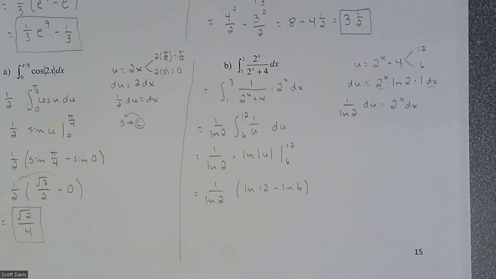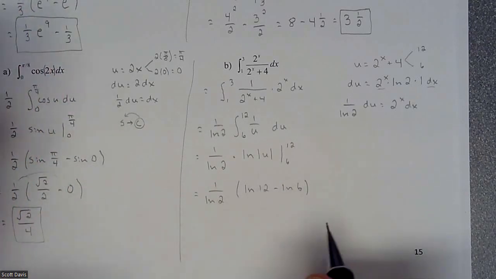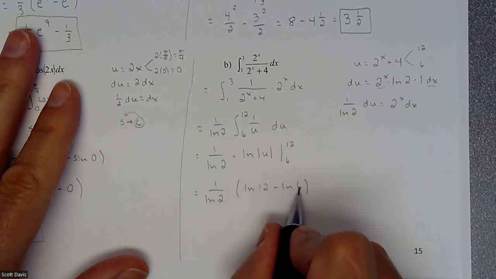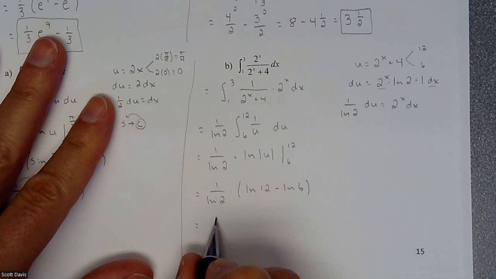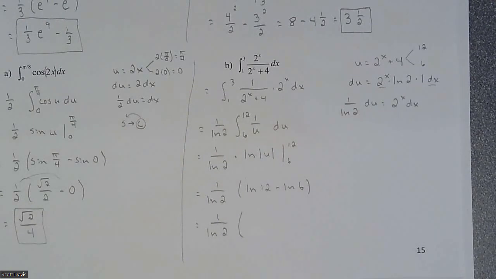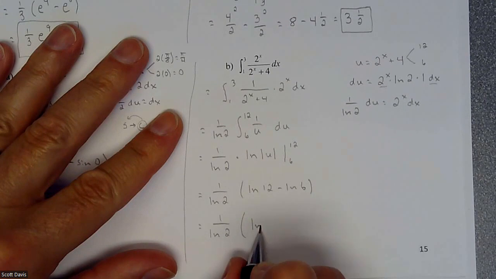And we're going to do some simplifying. So here's where the algebra kicks in. Here's where your properties of logs kick in. You have a log that has the same base throughout the whole thing. So I'm going to be able to combine and do some things with this. So the natural log of 12 minus the natural log of 6, I'm not worried about the outside quite yet, this is a property where you can condense your two logs together into one.